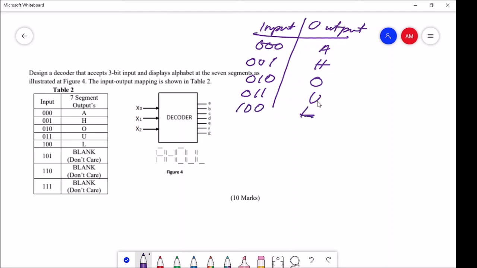So in order to achieve the right output, we have to make a truth table that satisfies the conditions needed to form the alphabet on the LED 7 segment display. So now we are going to illustrate how the LED segment would look like.